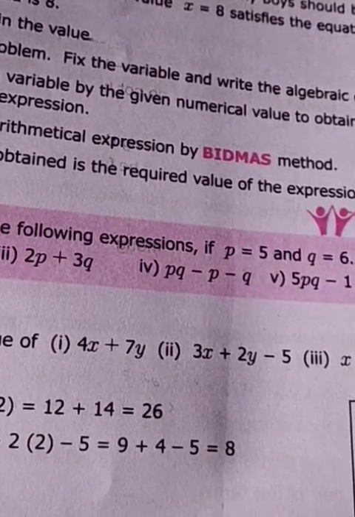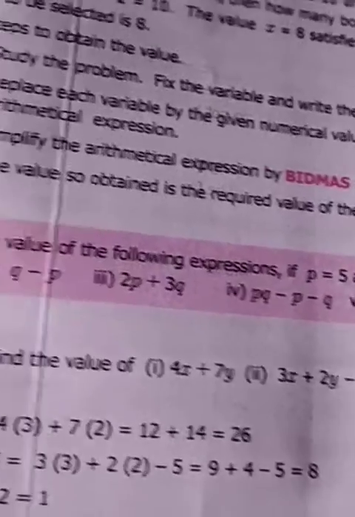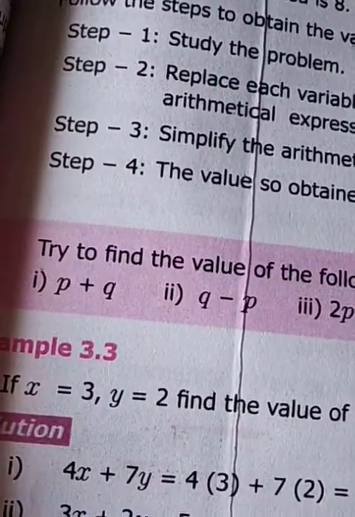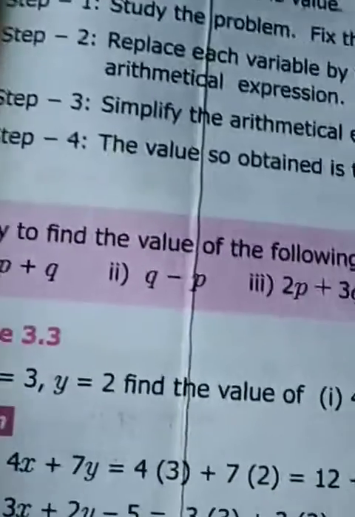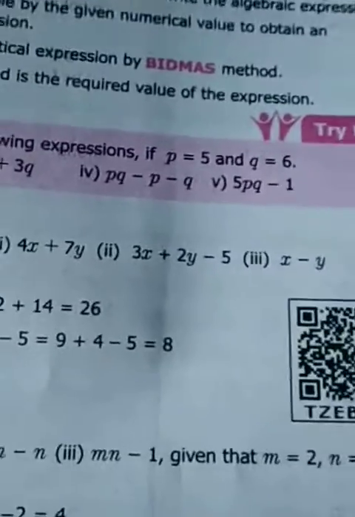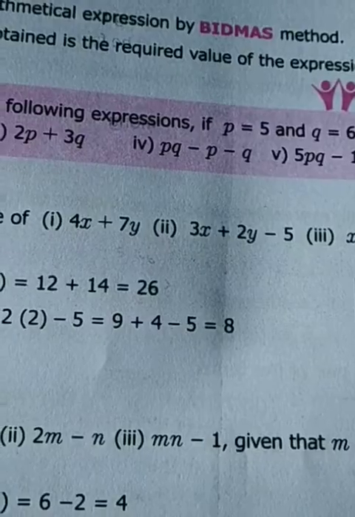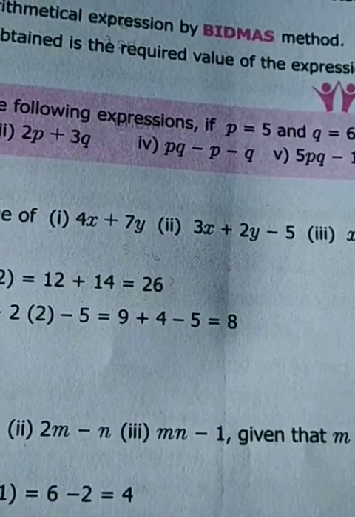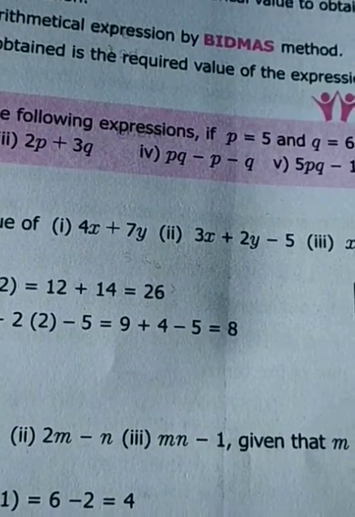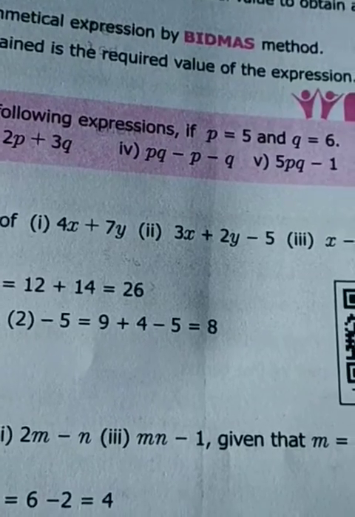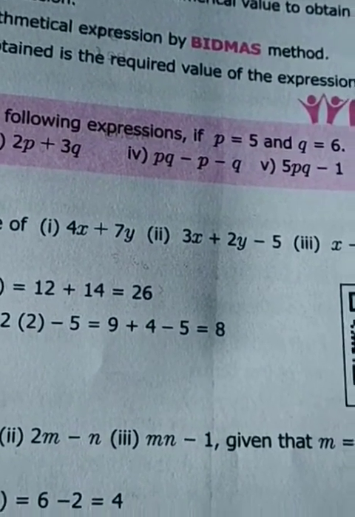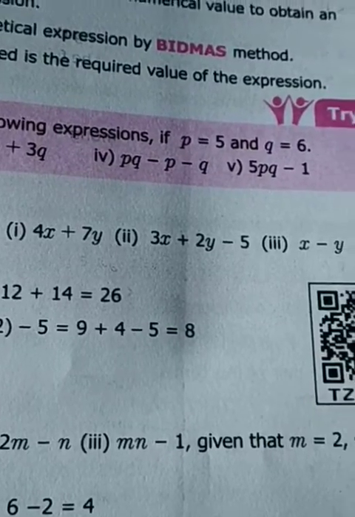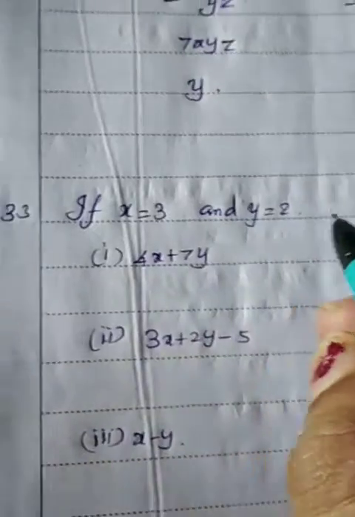First expression is 4x plus 7y. Second expression is 3x plus 2y minus 5. The third expression is x minus y.